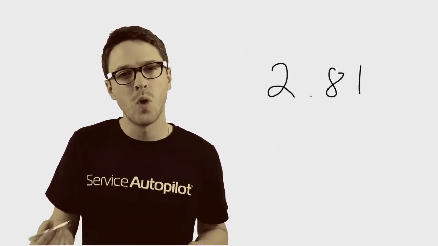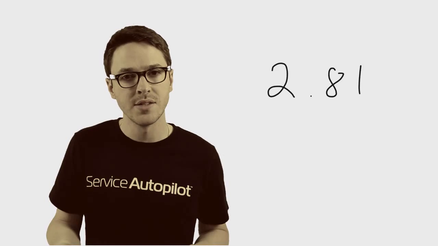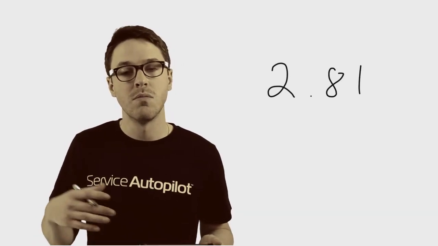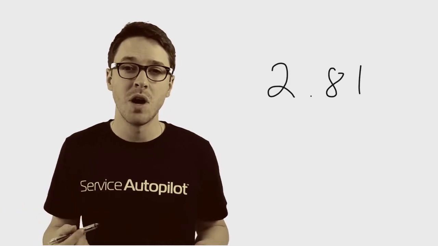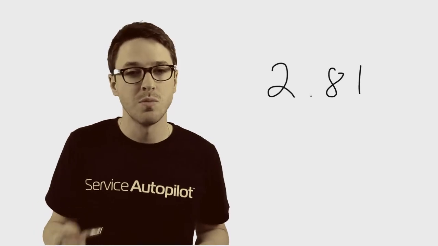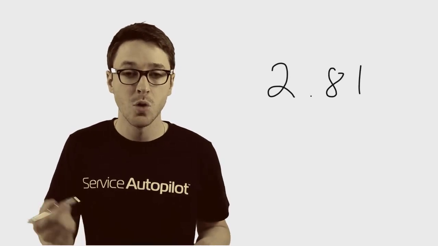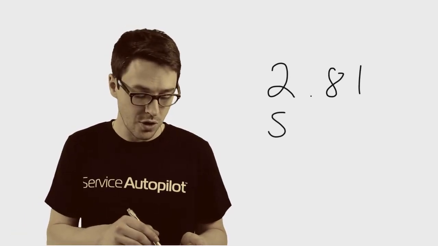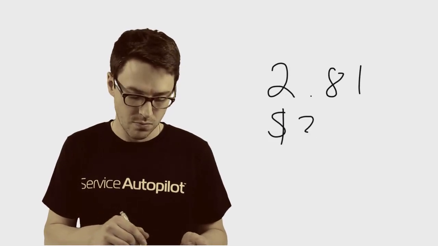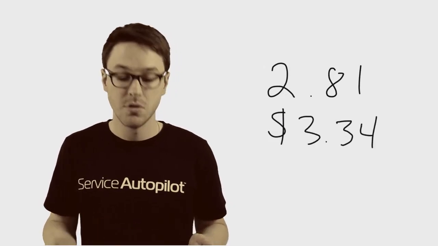So let's take that number, 2.8. And then I figured what my cost per mile was based on my payroll, based on the IRS standardized deduction amount per mile for a truck, and also my fuel cost. And so the number that I came up with per mile was $1.17 multiplied by 2.8 miles, which comes out to $3.34.